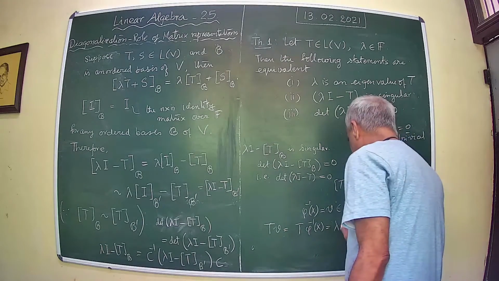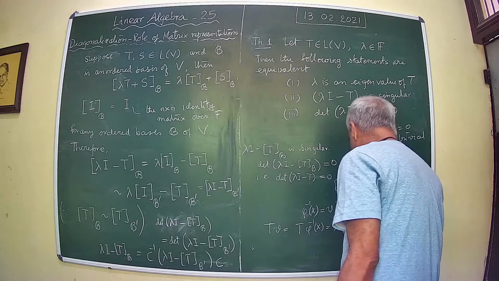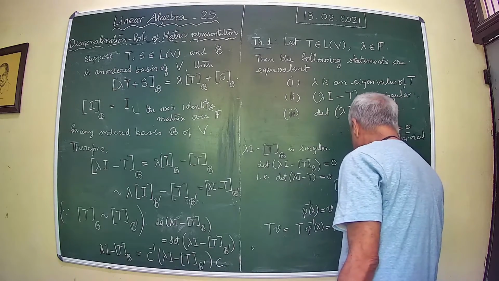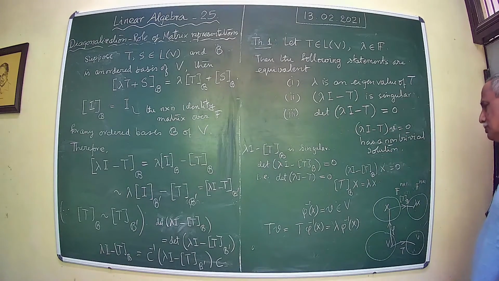Lambda of phi inverse of x. And phi inverse of x is not equal to 0 because of this relation.